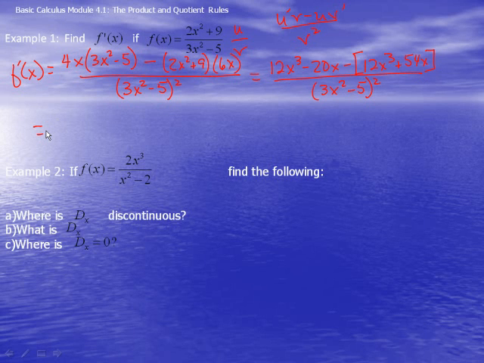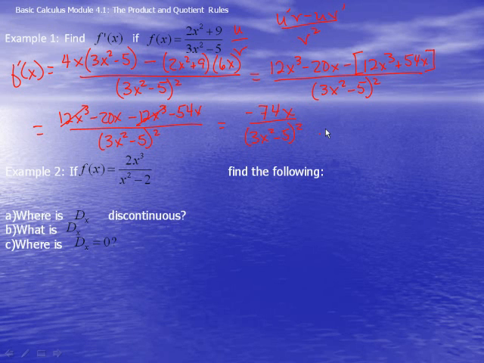Which will be equal to 12x cubed minus 20x minus 12x cubed by distributive minus 54x all over the denominator, quantity squared. Notice that the 12x cubed terms will cancel, which will give us negative 74x over 3x squared minus 5, quantity squared. And we have now found the derivative using the quotient rule.